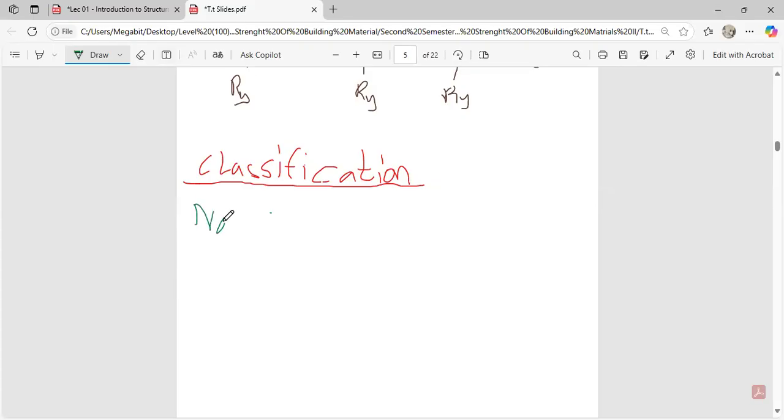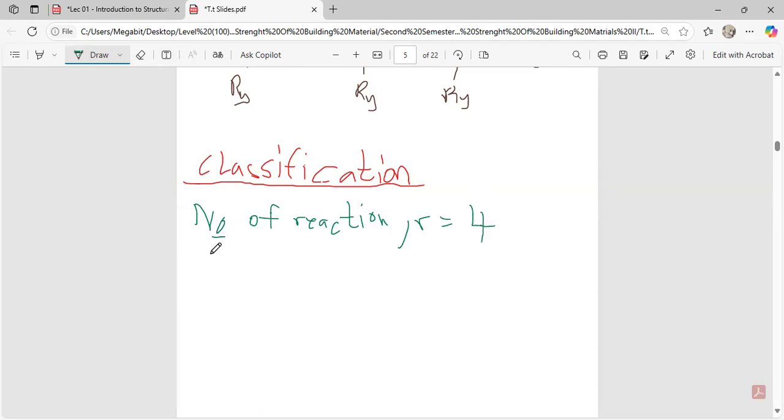So this is the number of reactions. The number of reactions, R, is equal to 4.